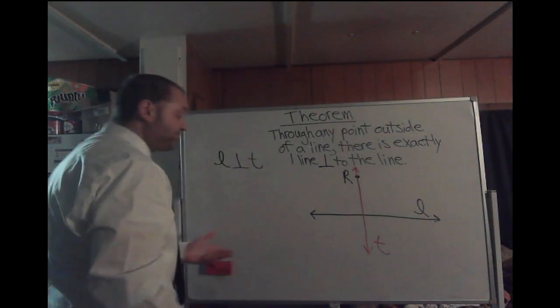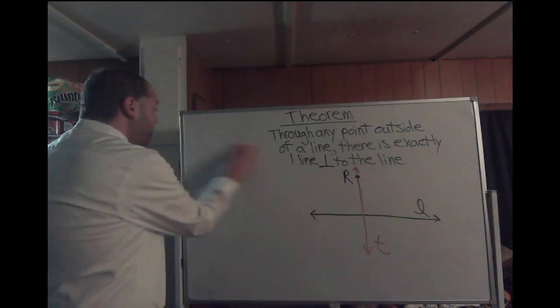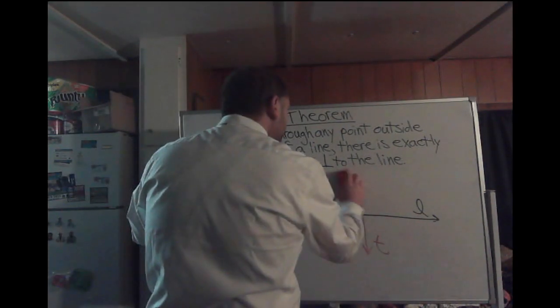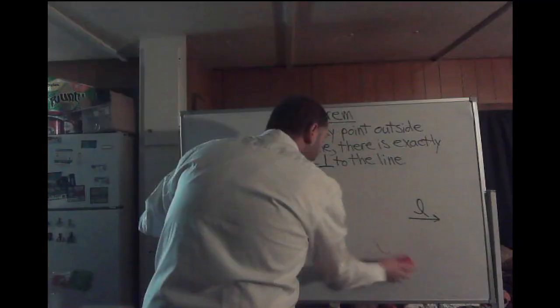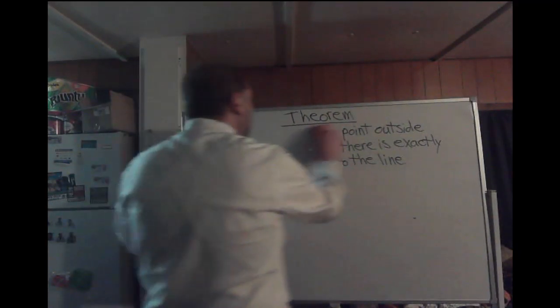So, also really a piece of cake. It's really not that bad to understand. And I just got one more theorem. That'll be all the theorems and postulates for today.